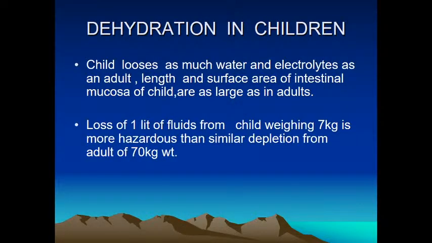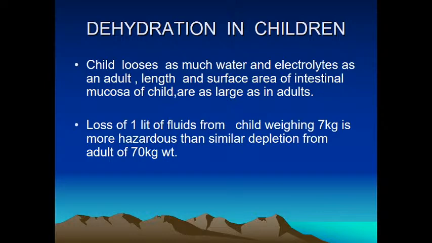See, basically, if the child loses the same amount of fluids as an adult, remember that the amount of fluids within him is so much less, so he will go into dehydration much faster. And the length of the intestinal mucosa is almost as large as an adult's, so the loss of fluid is very high in children.